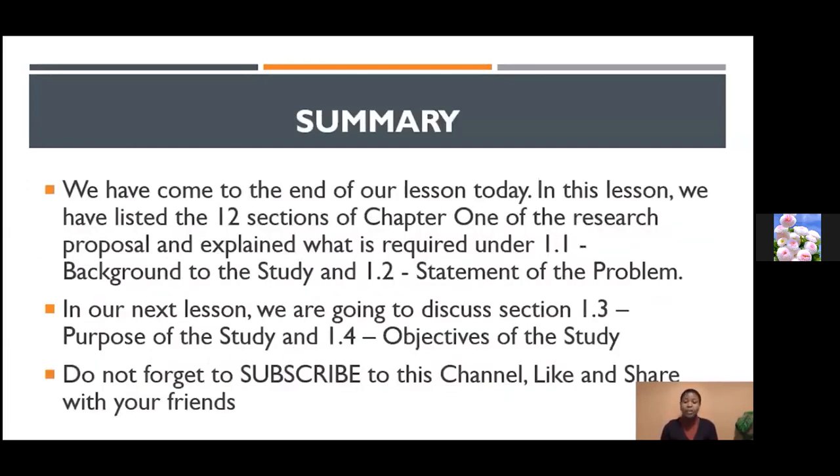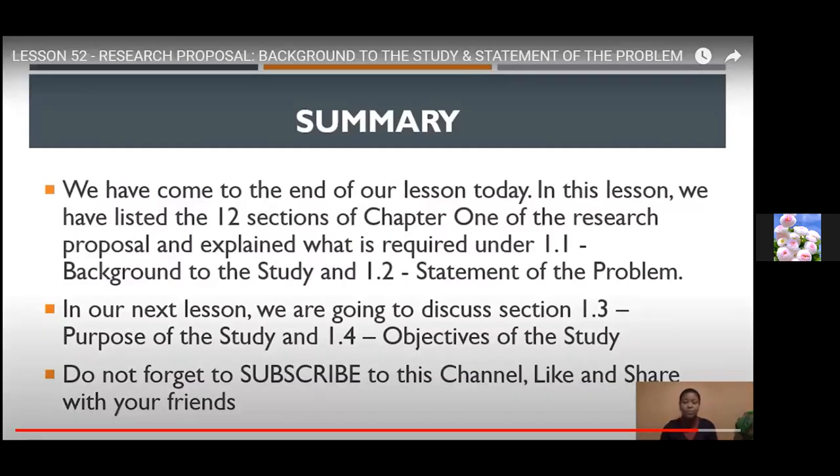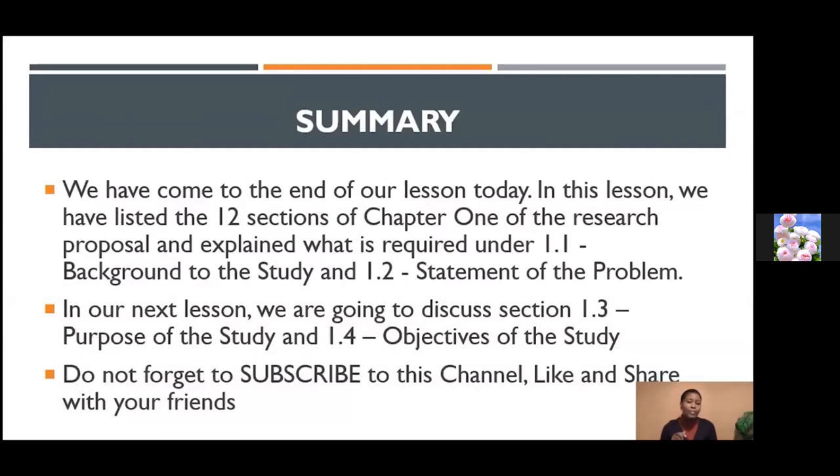And that brings us to the end of this lesson. In this lesson, we have listed the 12 sections of chapter 1, and we have gone further to discuss section 1.1, which is background to the study, which we have said it is the historical overview of your phenomena, and in this case the phenomena refers to the variables, and we have also talked about the statement of the problem.